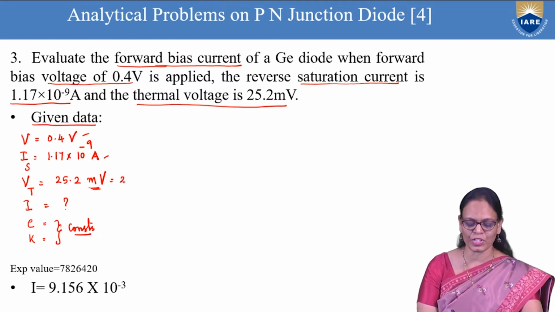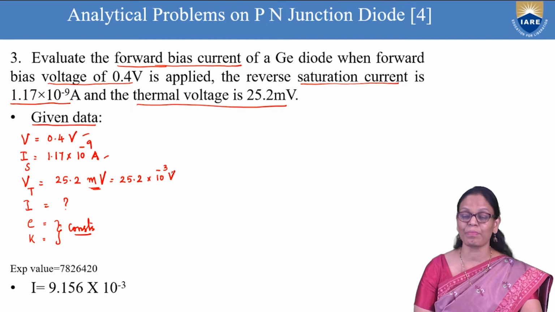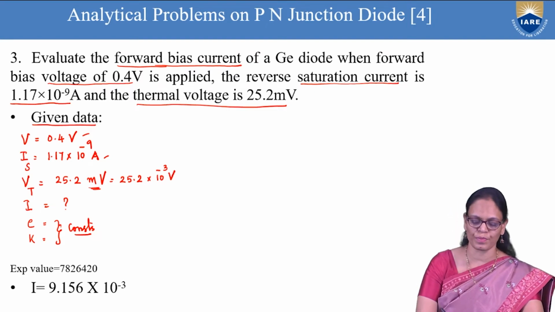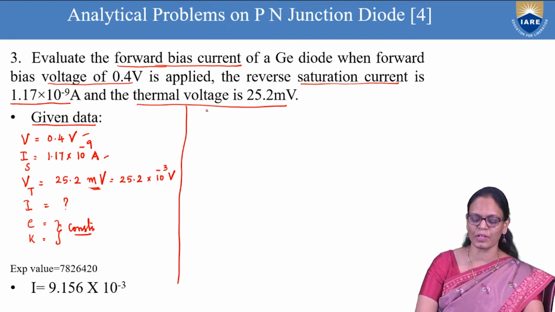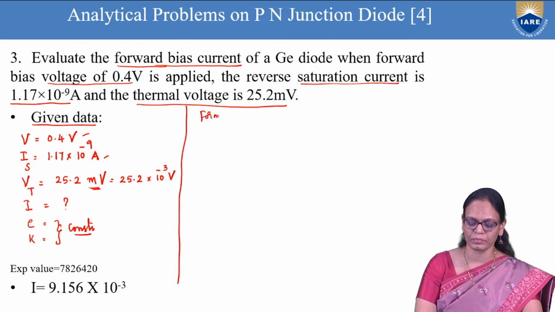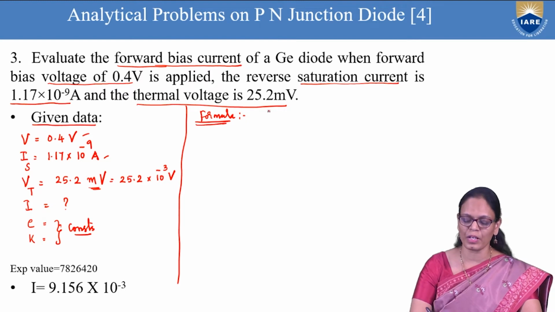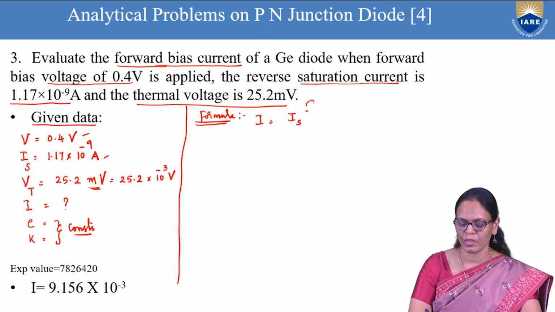So what is the conversion for milli? Milli always means 10 power minus 3. So this is 10 power minus 3 volt. So let us write the formula. What is the formula? I is equal to Is exponential V by beta Vt.